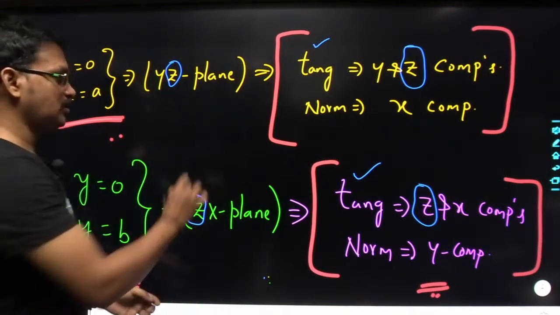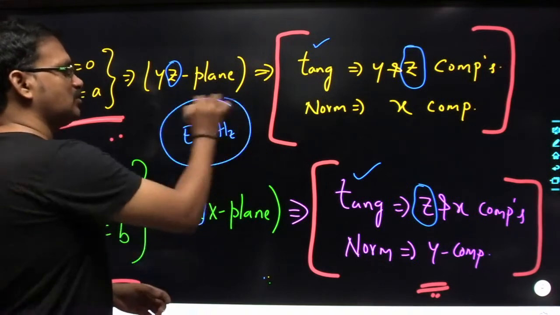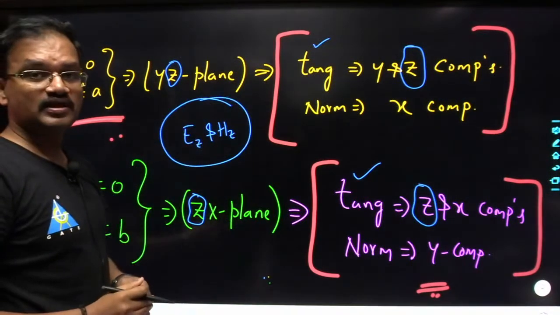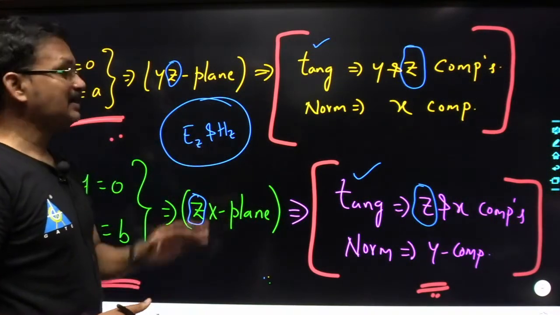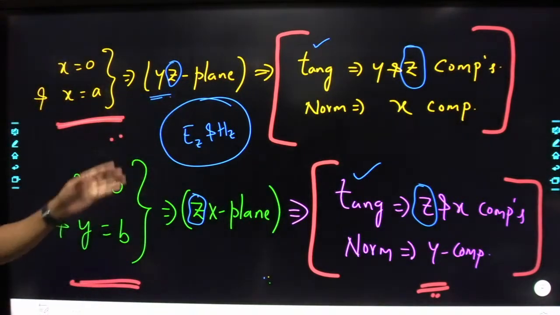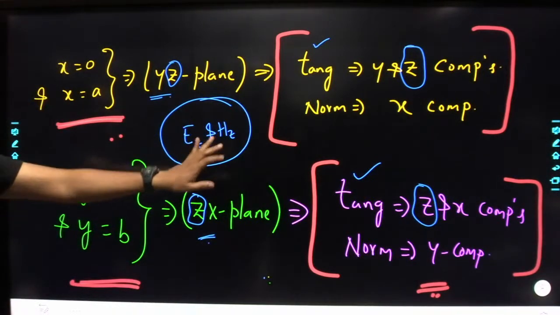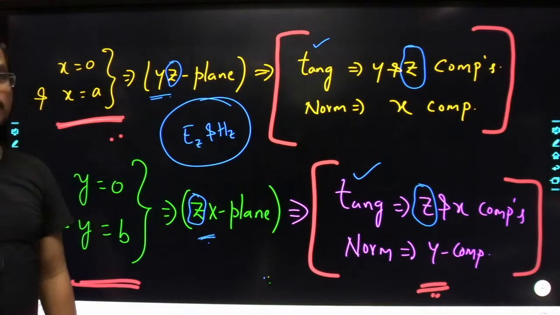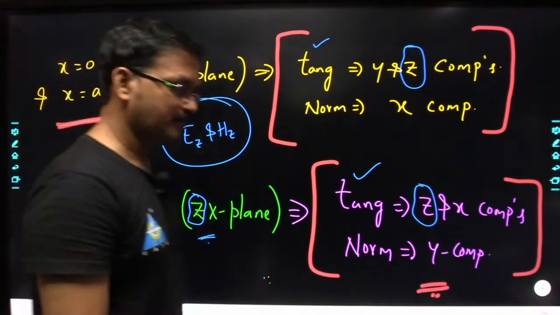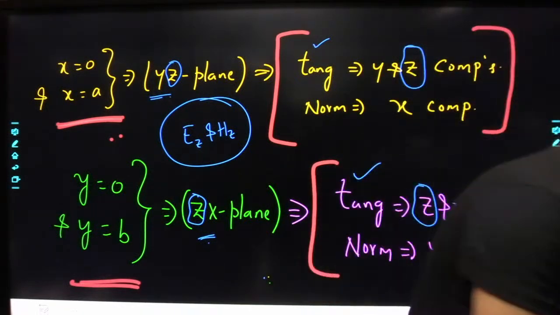So if you consider Ez and Hz, these components are behaving as tangential, either with respect to the yz planes or with respect to the zx planes. So these things are very, very important here.